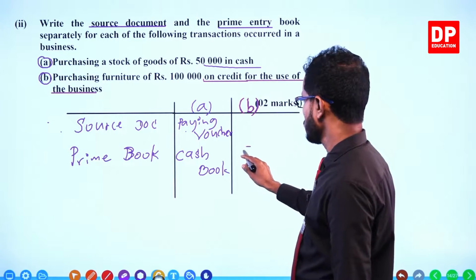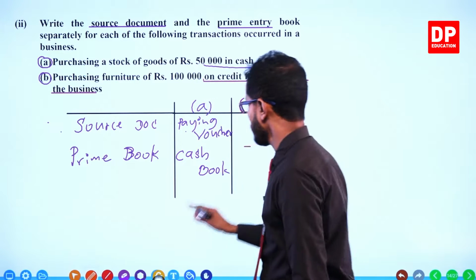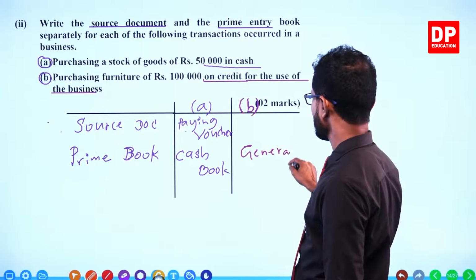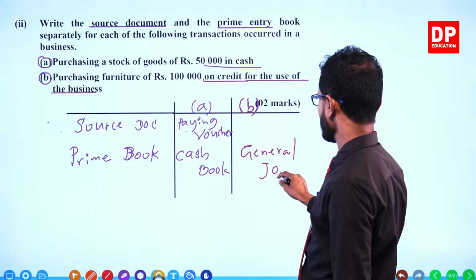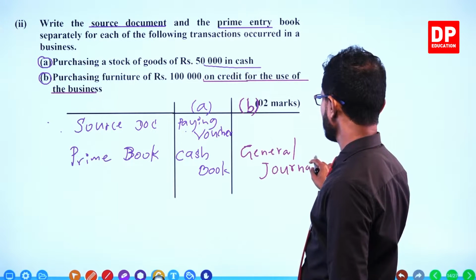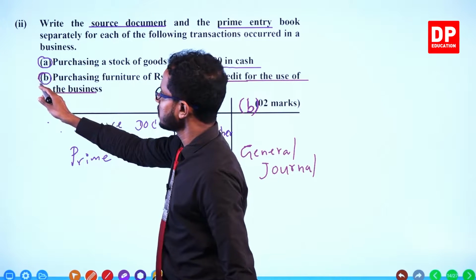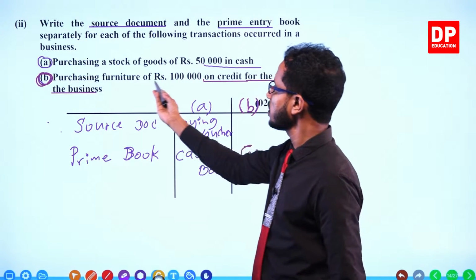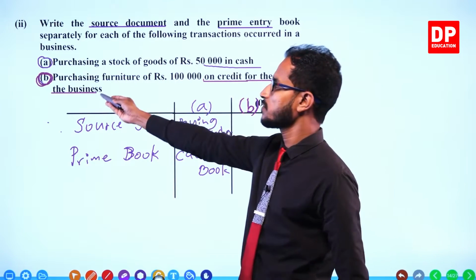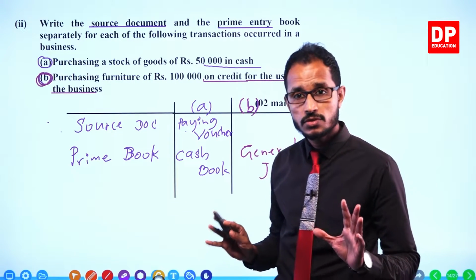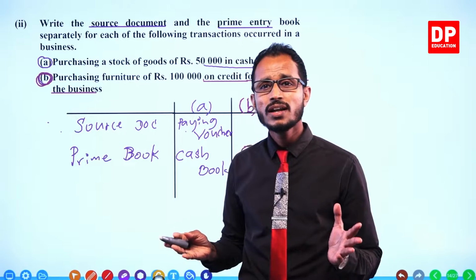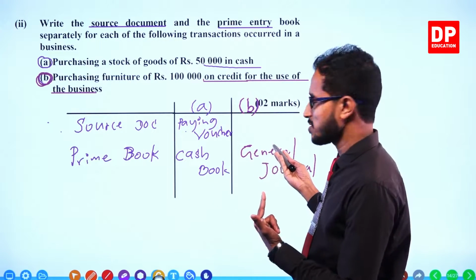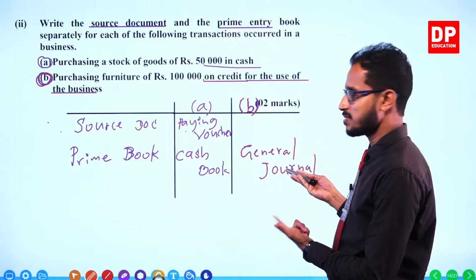Now we know the prime entry book. This is the general journal. For transaction B, for the use of the business, you record in general journal. What is the source document relevant for this general journal?